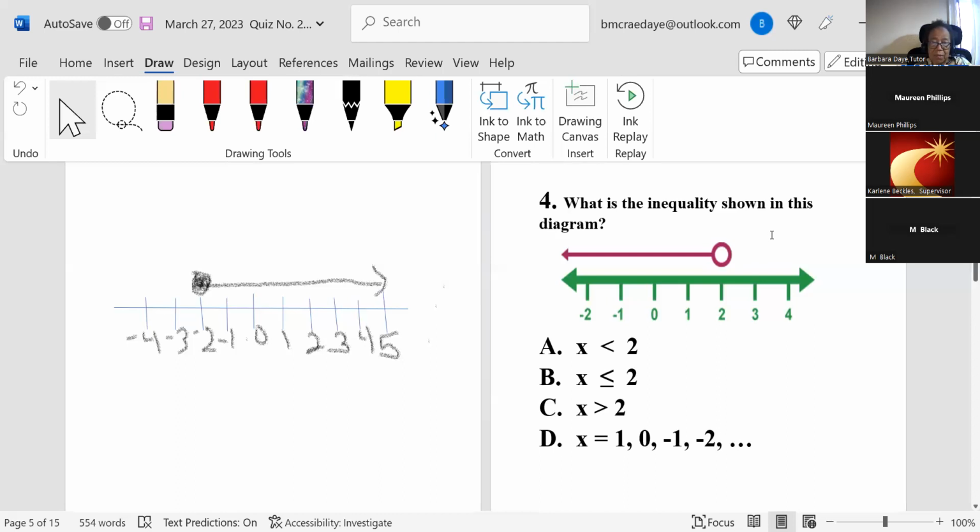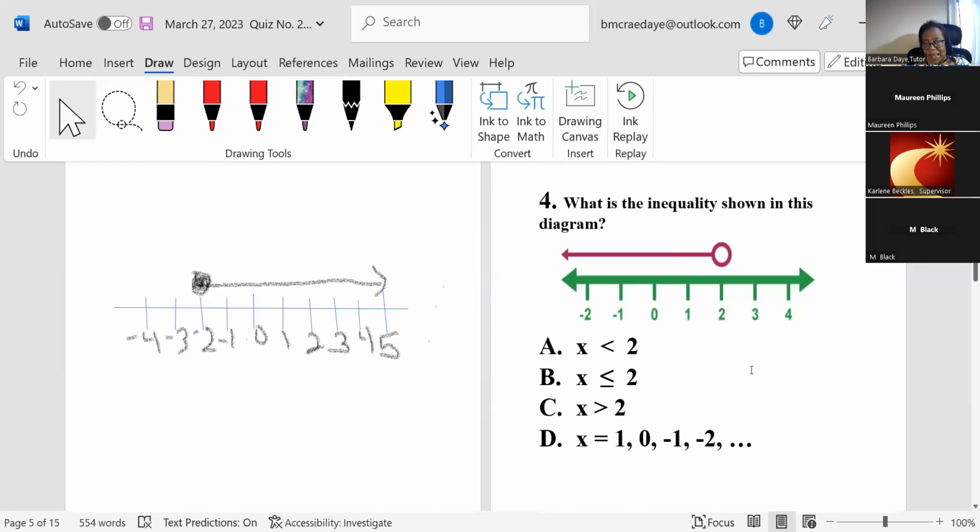Which two choices say less than and greater than? Which A, B, C, D? Which one says less than? B is less than or equal.